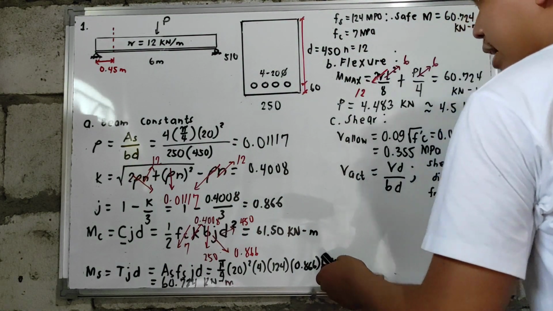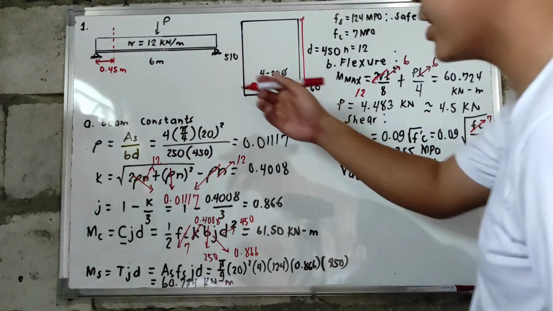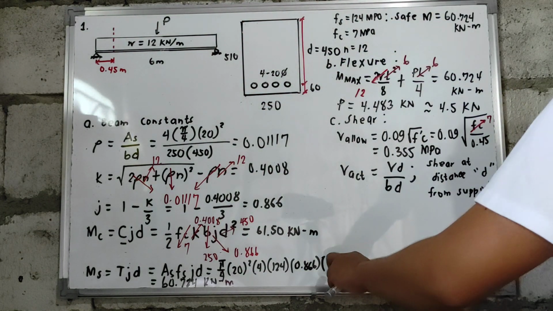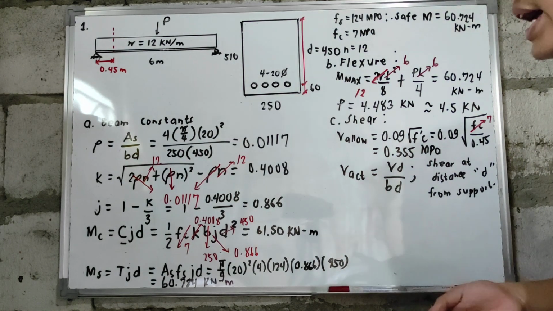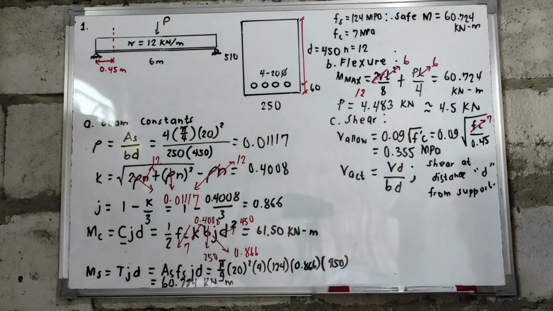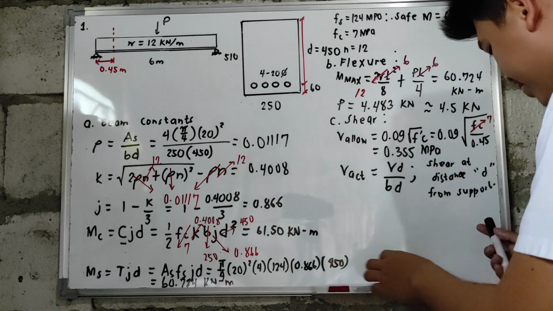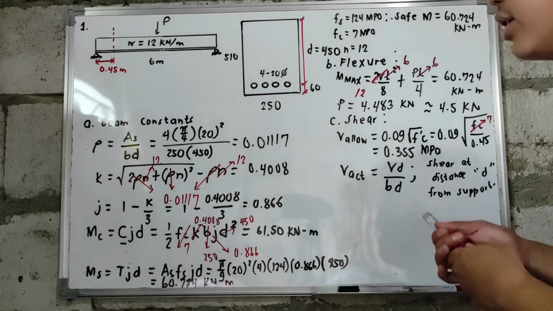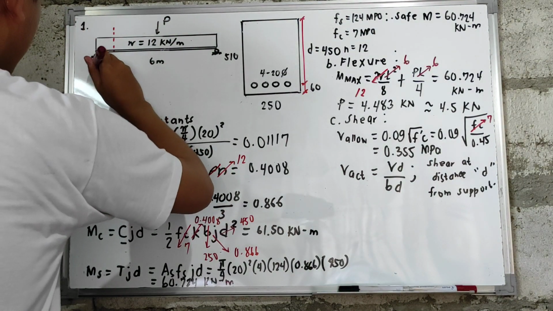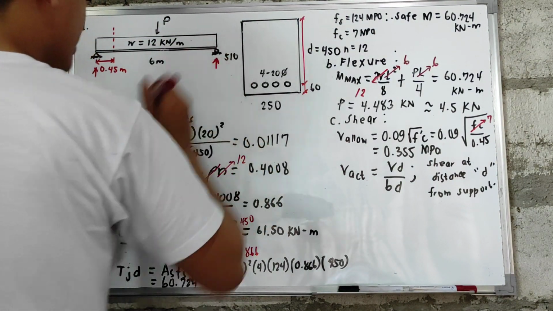So, paano po natin malalaman yan? Hahanapin natin yung shear dito. Paano natin hahanapin yan? So, we can use shear and moment diagram or we can cut a section. So, let's say mag-cut na lang tayo ng section. So, yung support natin dito, we have yung mga reactions natin dito.